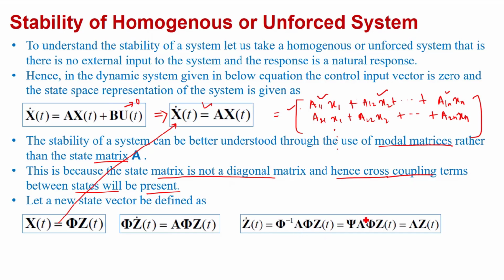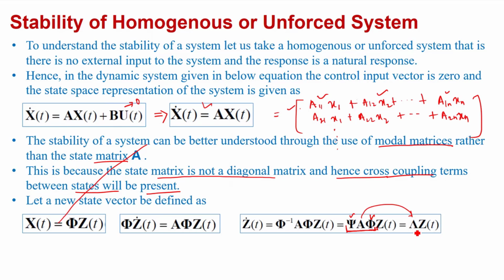We know phi inverse is psi, so psi A phi gives the diagonal matrix having all the eigenvalues as the diagonal elements. So I can write this as a diagonal matrix times z(t).